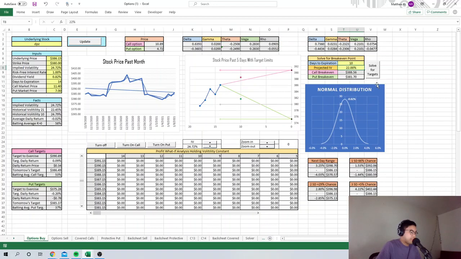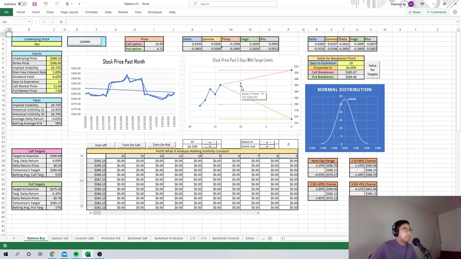But if we make the implied volatility 30, let's solve again. Now it's right here, 385.87. So you don't even need the price of the stock to go up. You just need to hold the security if the volatility goes up.